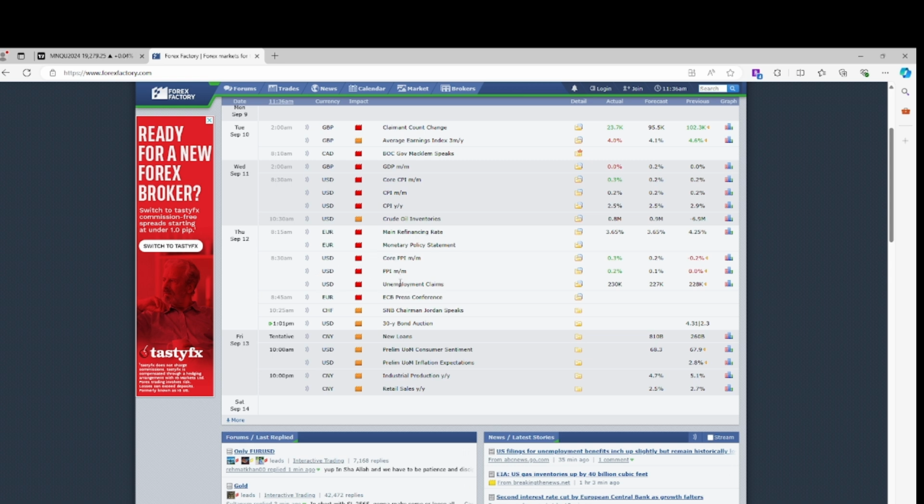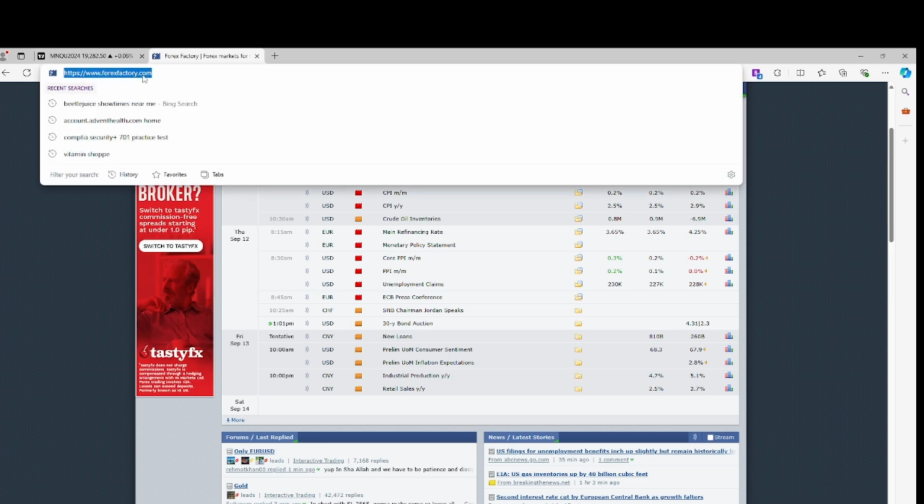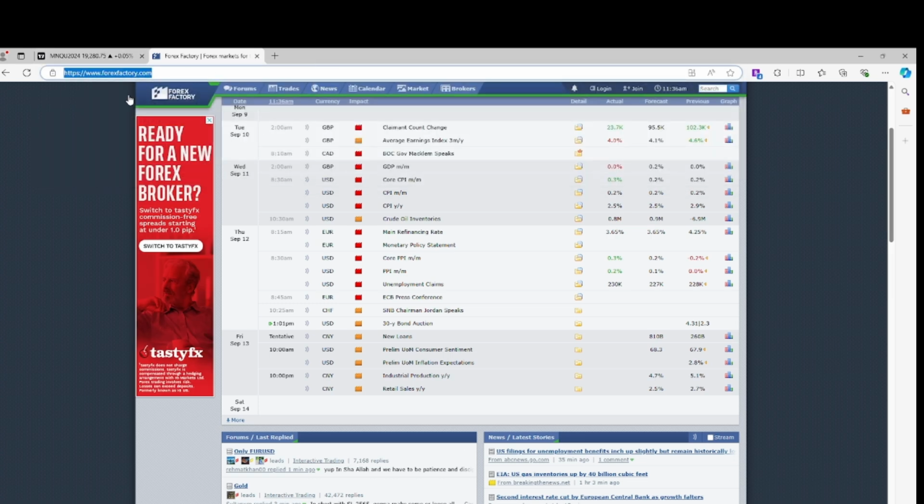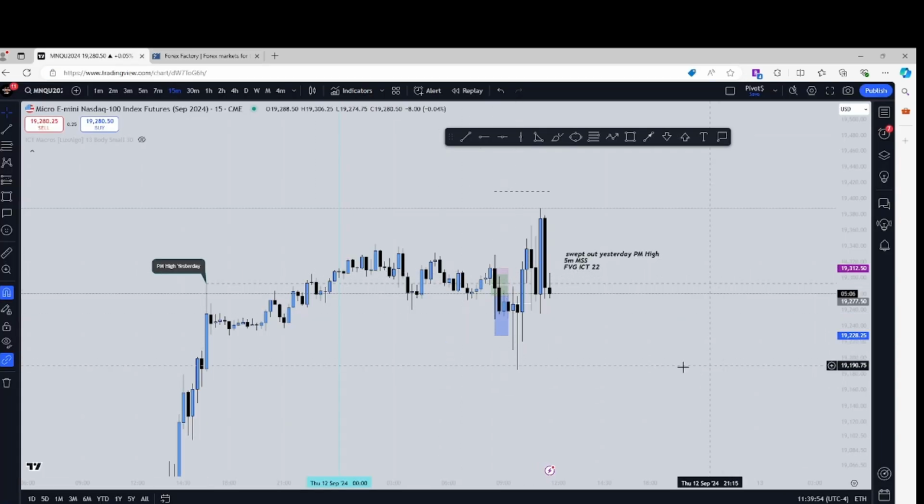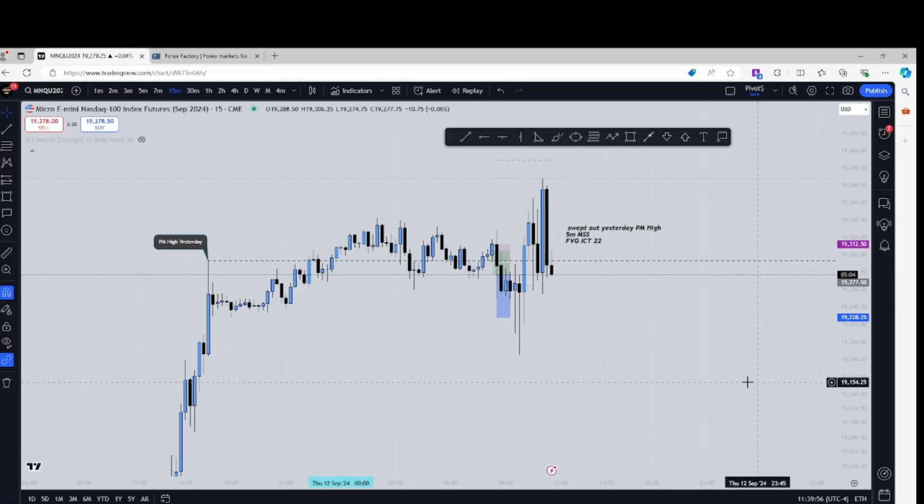We had PPI, unemployment claims. See right here on the left hand corner, Thursday, September 12th. This is Forex Factory, but you can use any of the other sources, but this is the source that I use to see any impact. This kind of lets me know volatility in the market we have here.